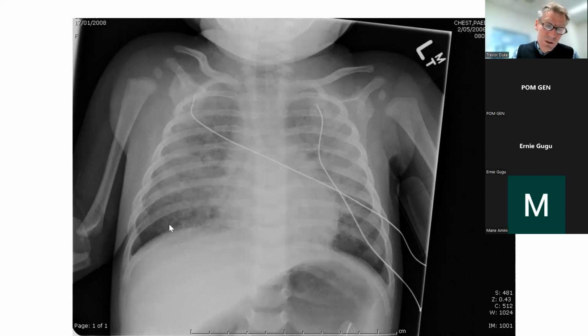If you were to see an X-ray like this, what would you think about? Remember, when looking at that X-ray before, we started to think, well, this could be consolidation of the left lung, it could be an abscess cavity, therefore it could be Staph aureus, and so on. Well, when you look at an X-ray like this, what would you think about?